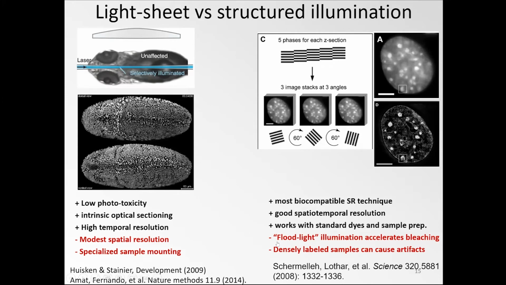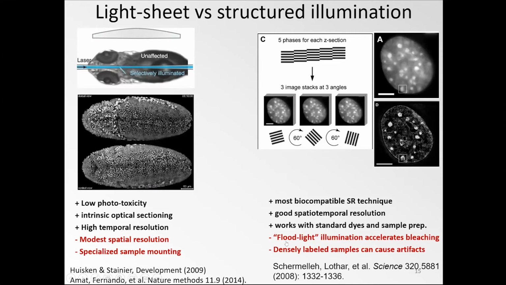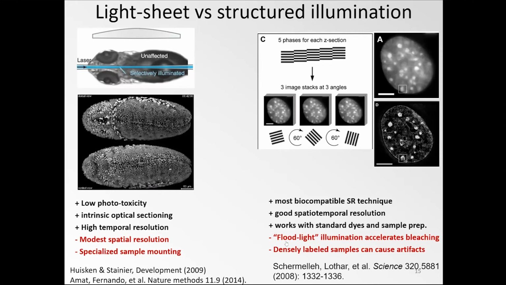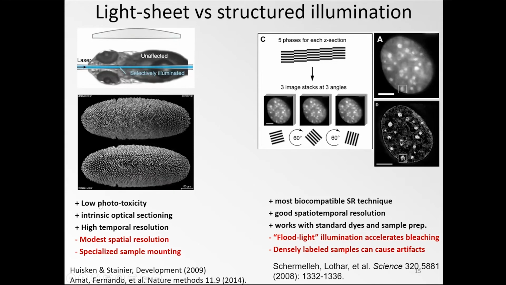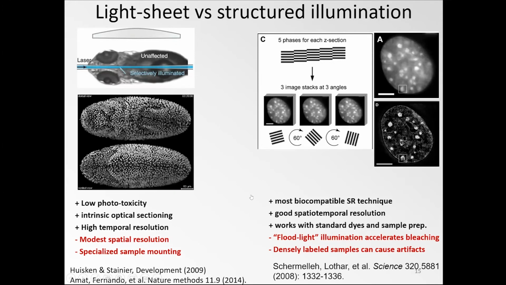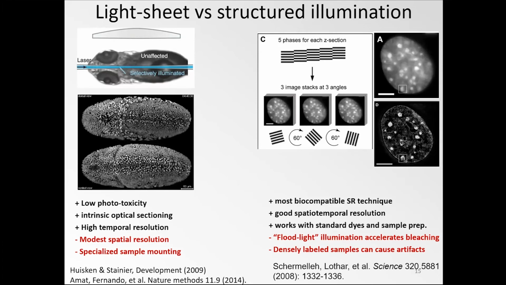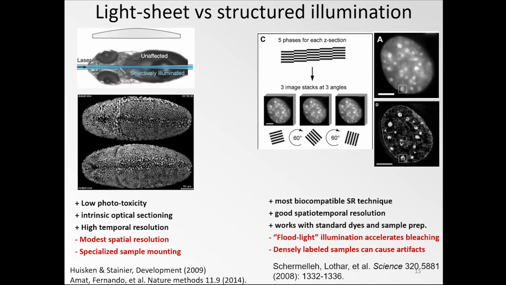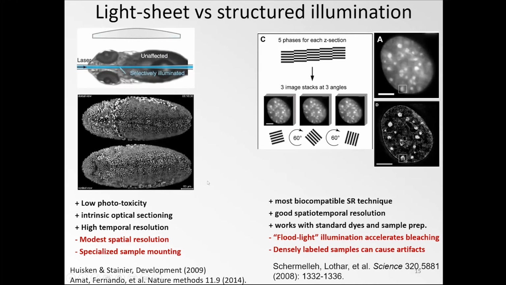And if the sample is very densely labeled, this kind of floodlighting of the sample also leads to a lot of blur, which can then also lead to artifacts. So if you could combine the positives of the two techniques, then we could have a gentle 3D microscope that would also have a doubled resolution compared to what the light sheet can do.